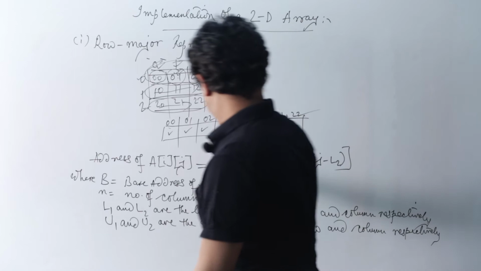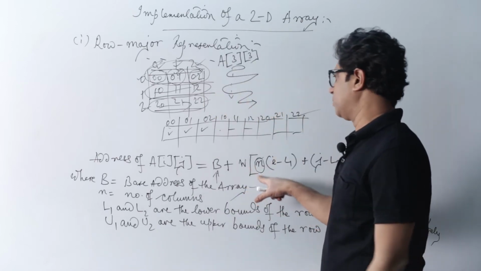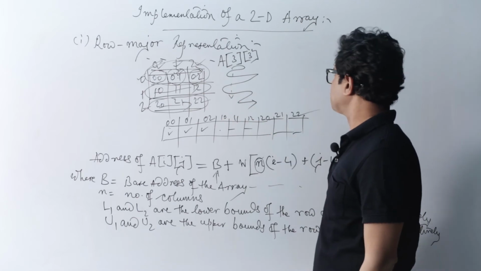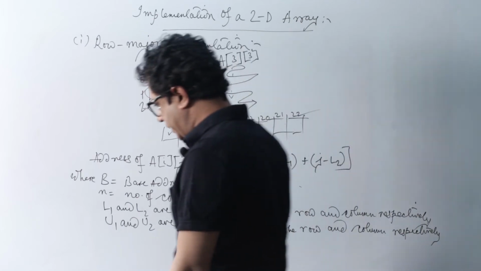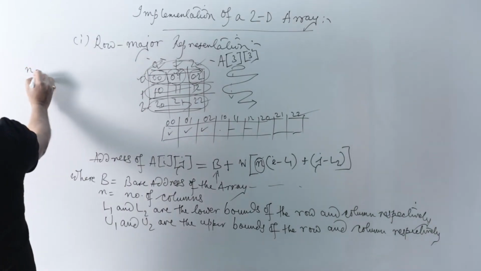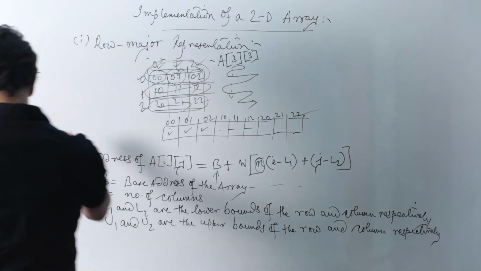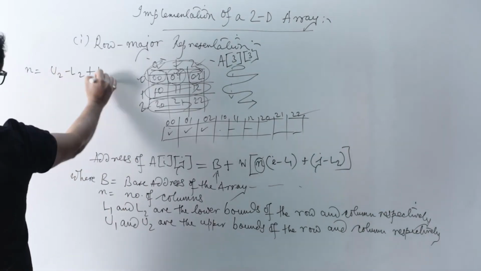And how to find this number of columns? There is a formula for it also. N is the number of columns, which should be found out by a formula. I will write down the formula over here in order to find out the value of N. That is, N is U2 minus L2 plus 1.